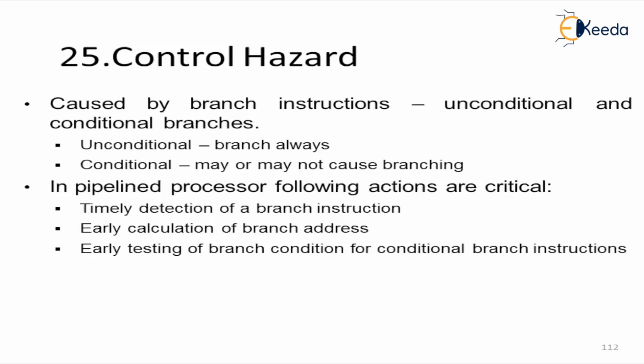Early calculation of the branch addresses: you start calculating the branch addresses early. Early testing of branch condition for conditional branch instructions: you start early testing of the branch instructions as well.